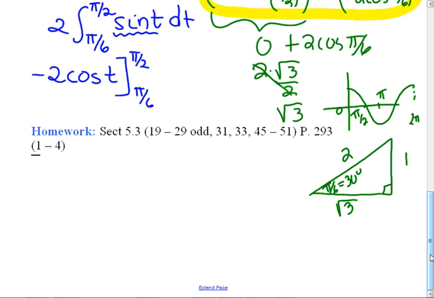Let's do a new page. I think the book does this in 5-4, but we bring it in sooner because it doesn't make sense not to.